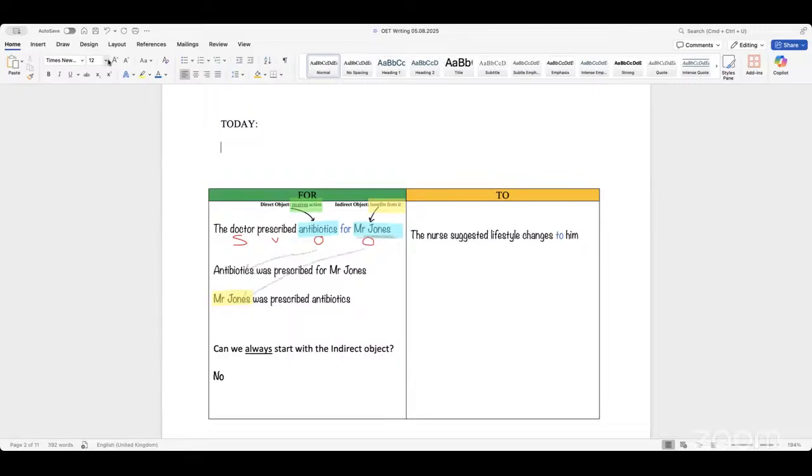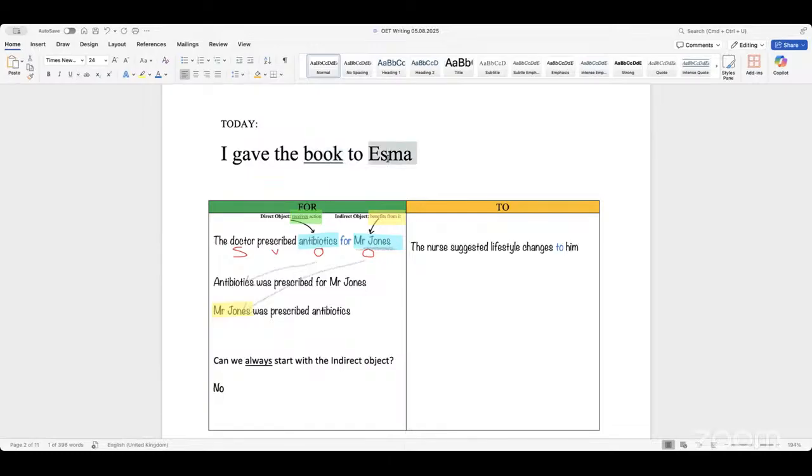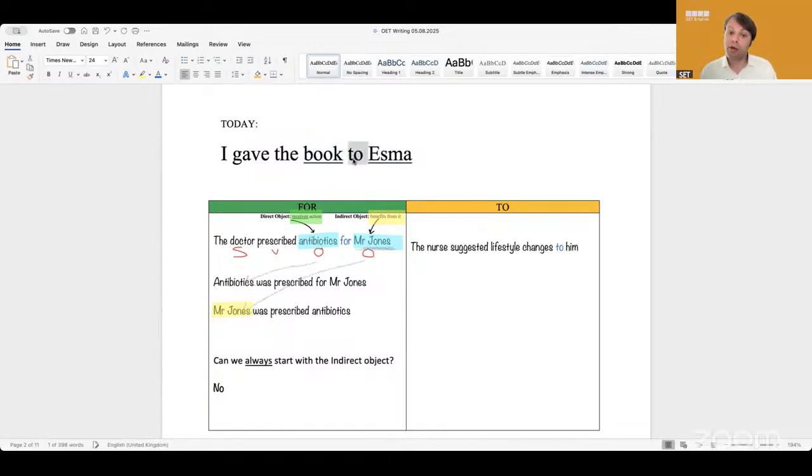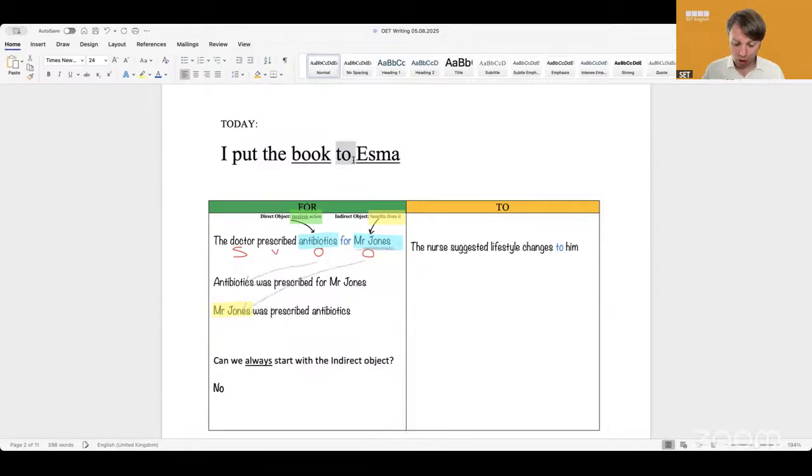If someone doesn't understand, that's great. Let me give you an example. I can say, "I gave the book to Esma." Is this direct and indirect objects? Book is direct, Esma is indirect, because we're using "to." What if I said, guys, "I put the book on the table"?